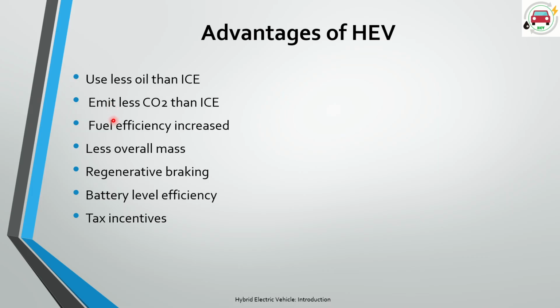As we are minimizing the use of fuel, less CO2 will be released into the environment, and we are protecting the environment with the use of this type of hybrid electric vehicle.